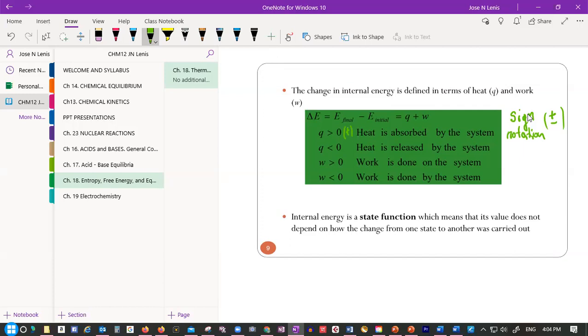If, in this case, heat is less than 0, negative sign, that means heat is released by the system. So in general, the negative sign for a variable means the system is affecting surroundings.